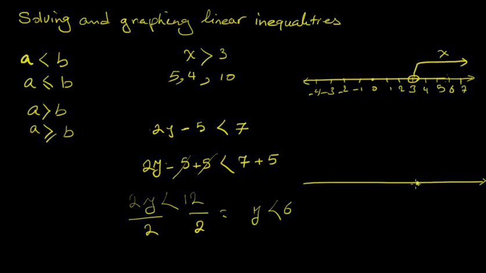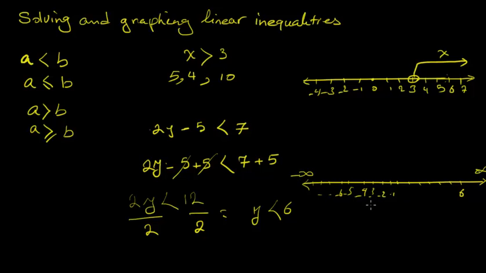Let's say we have a number line with 1, 2, 3, 4, 5, 6, and 1, 2, 3, 4, 5, 6, 7, 8, 9, and on the negative side minus 3, minus 4, minus 5, minus 6, and this is infinity.